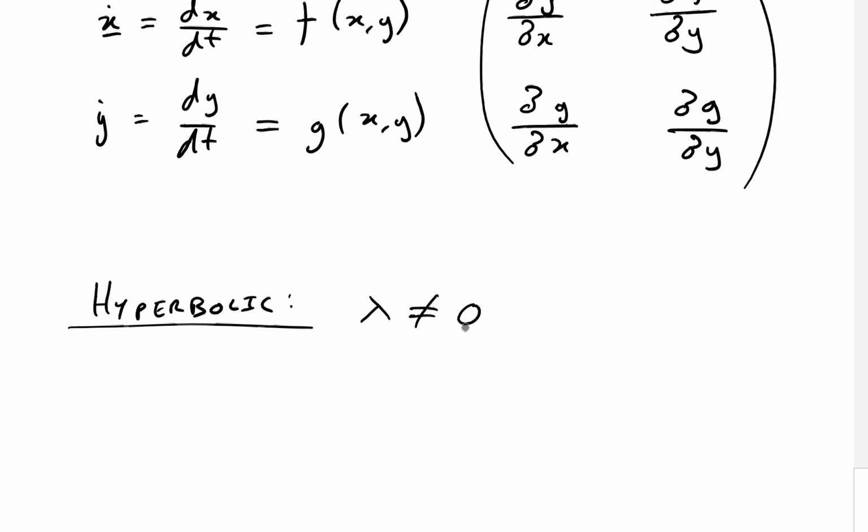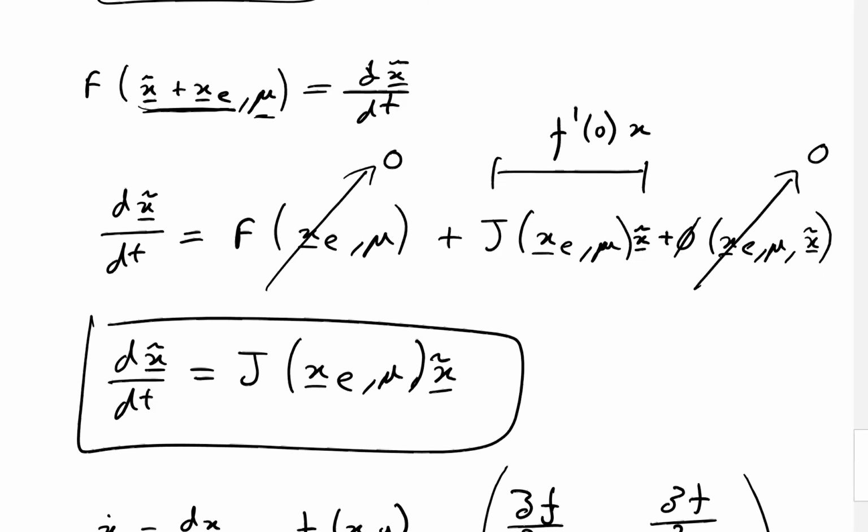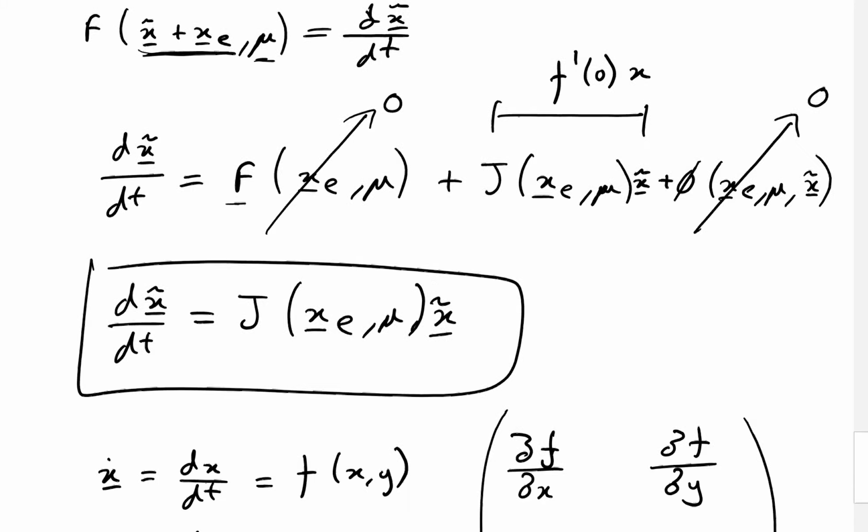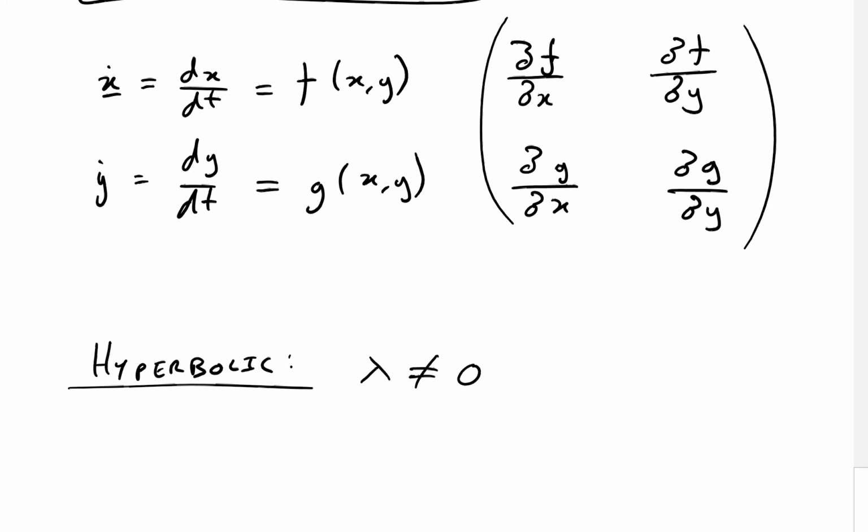An equilibrium point is hyperbolic if none of the eigenvalues of the linearized coefficient matrix has 0 real part. Remember, the linearized coefficient matrix was just f. If it has non-zero real parts, then the eigenvalues will not be equal to 0.